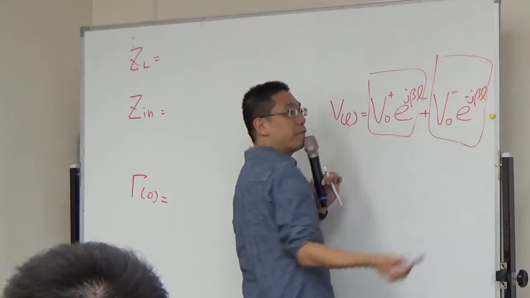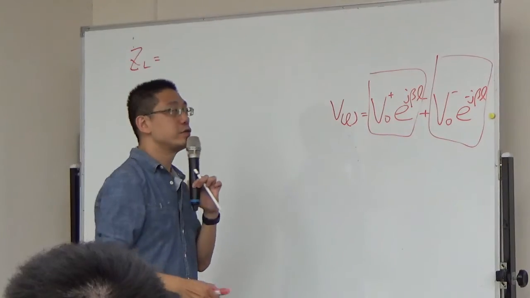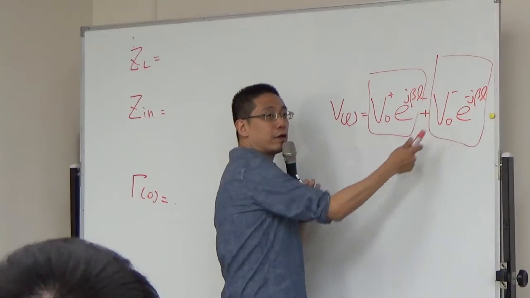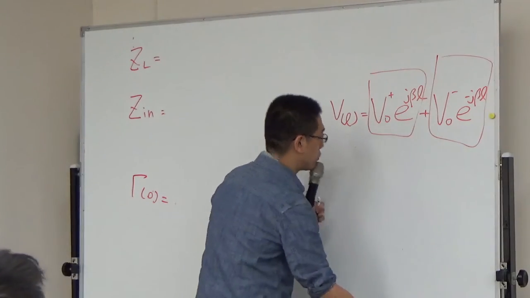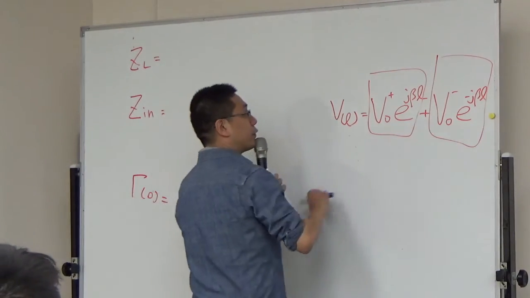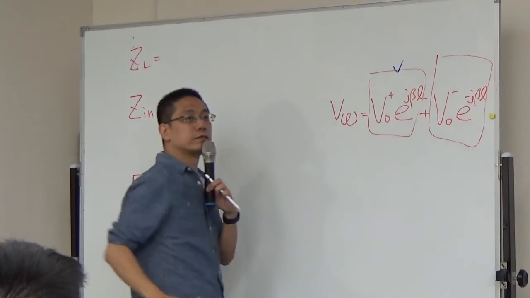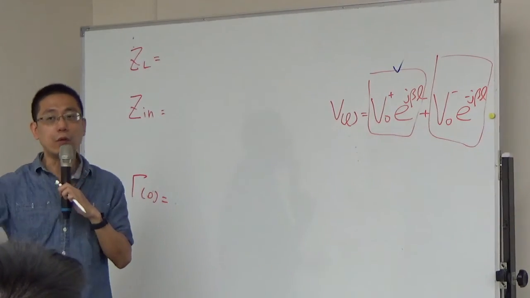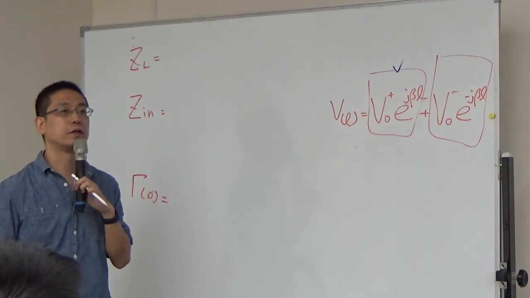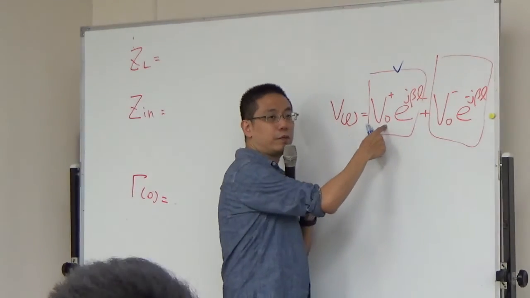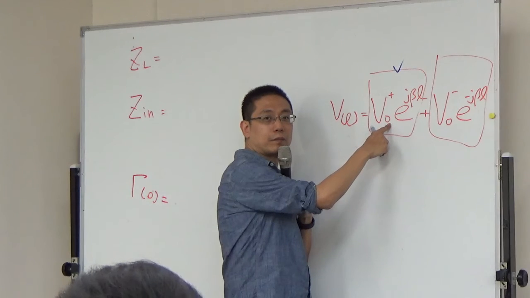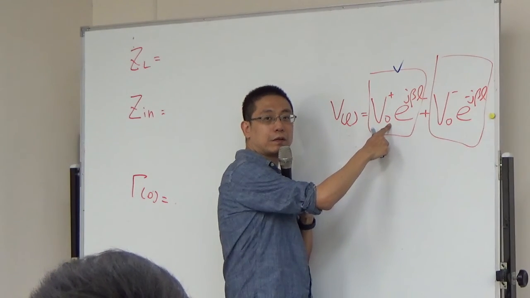This is the reverse. Is there any way I can measure only this term? I don't want the reverse one. I want only him. Is that possible?